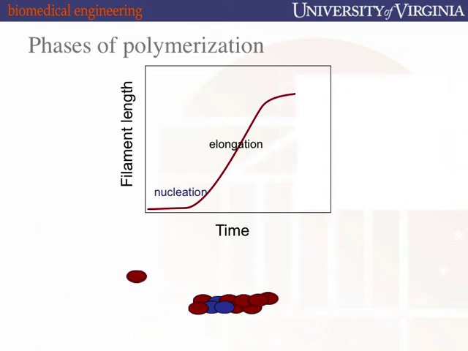And finally, we reach this process of steady state, right? We talked a little bit about steady state when we talked about enzyme kinetics. It's exact same principle here. So can anyone fathom a guess of how I would define steady state in a polymer system or in a polymerizing system? Yeah.